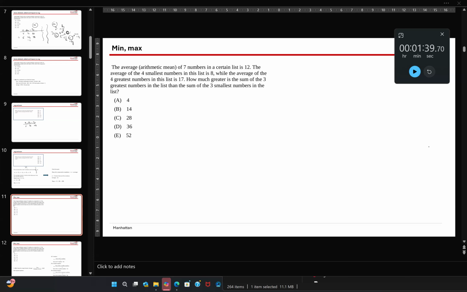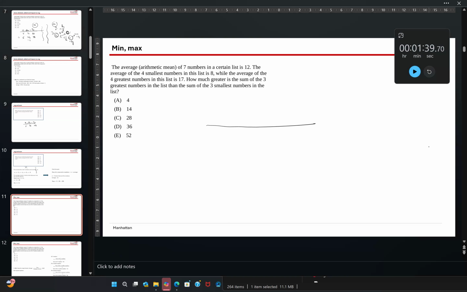Okay, good. So I did it like this. We have n, average, total. So 7 into 12 is going to give me 84. Then we have four smallest. So that is 4 into 8 gives 32.